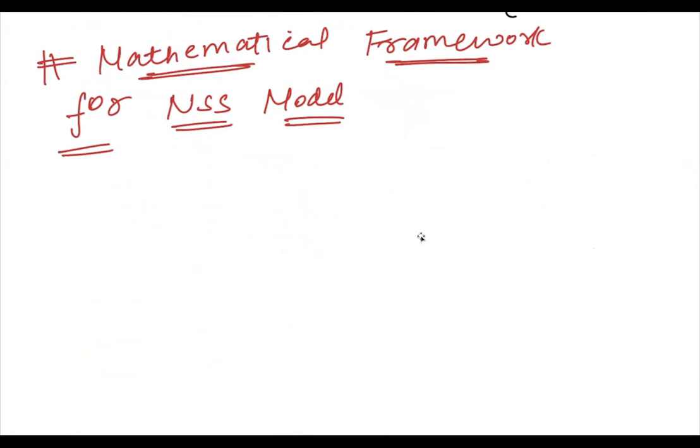If you all remember from my previous video, which I have done on Nelson Siegel, the formula for Nelson Siegel was, let's say, S m, which is the spot rate at a given maturity.